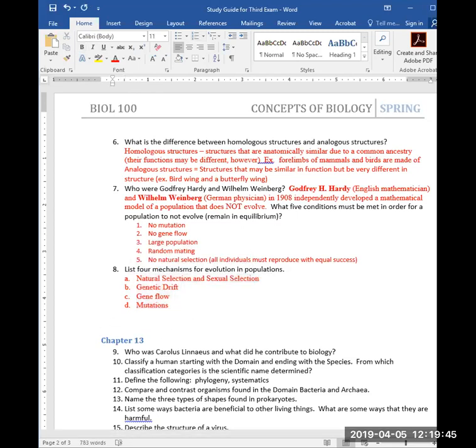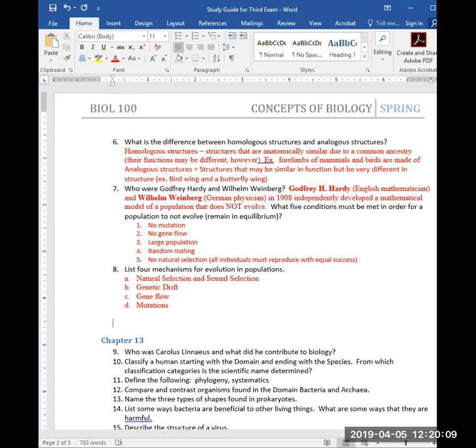And genetic drift. So this is looking at the genes in a population, because sometimes there are random things that happen in a population, and it's totally due to chance.